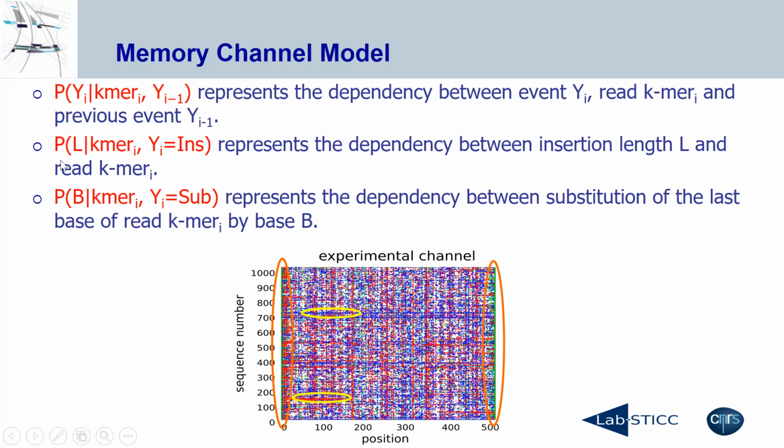The second characteristic is the probability to observe an insertion of length L given a k-mer i, and knowing that we are in the case of an insertion. And the final characteristic is the probability to substitute the last base of k-mer i by the base B, knowing that we are in the case of a substitution.